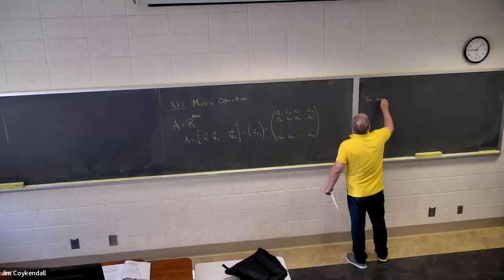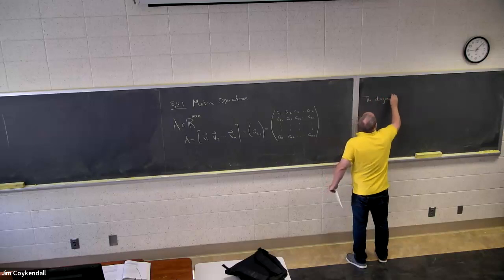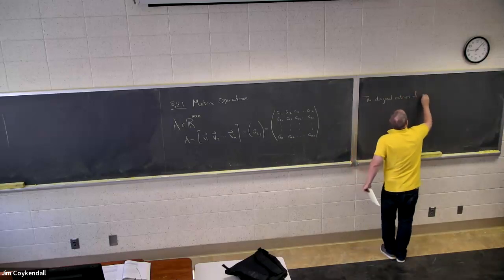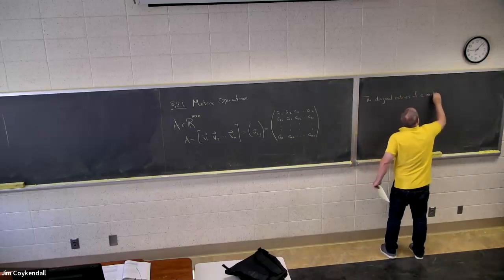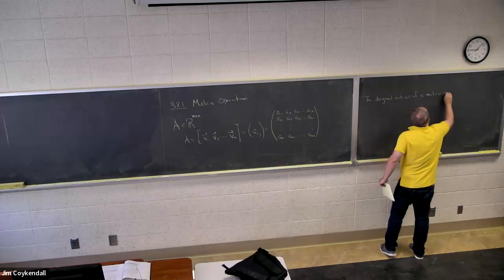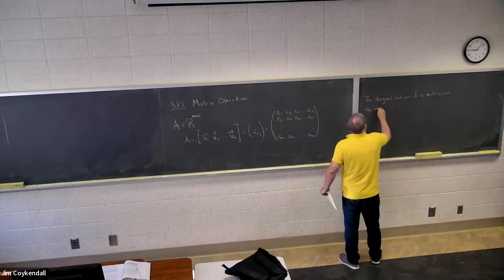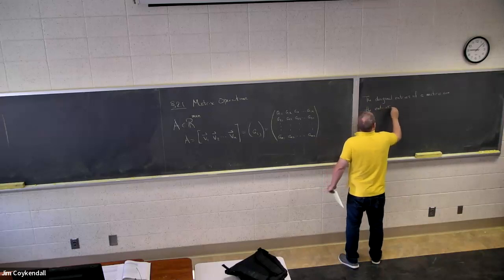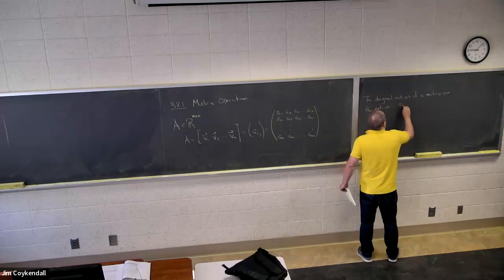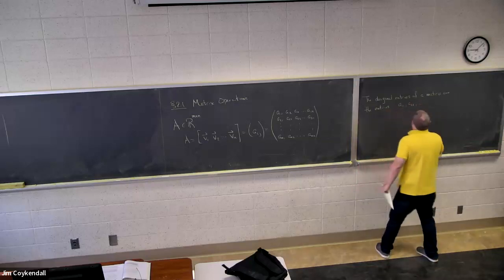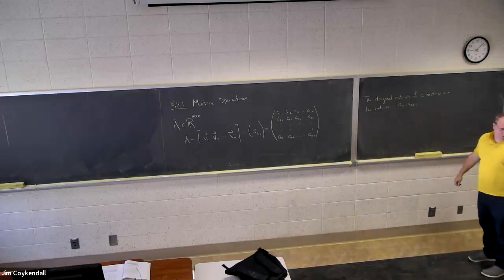The diagonal of a matrix are the entries A11, A22, however many is appropriate.